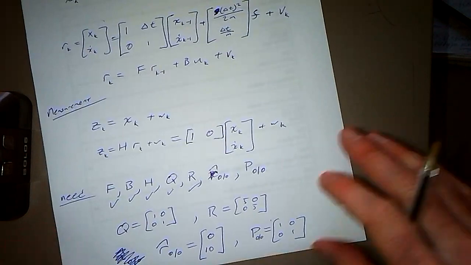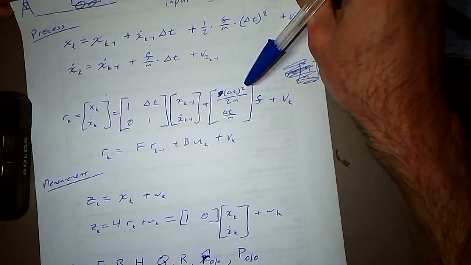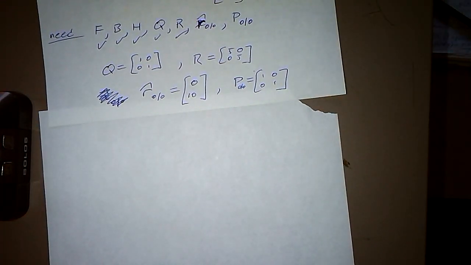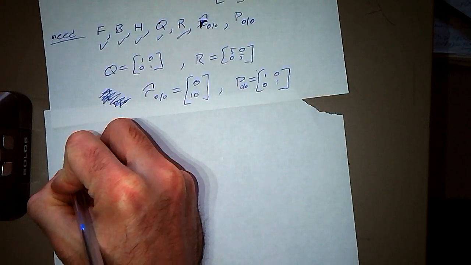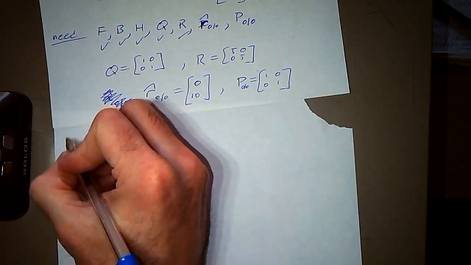And so from this point we could go ahead and begin using the Kalman filter. So at the next time, we want to get our estimate for the state at time 1 just using the process model. So this is the prediction.